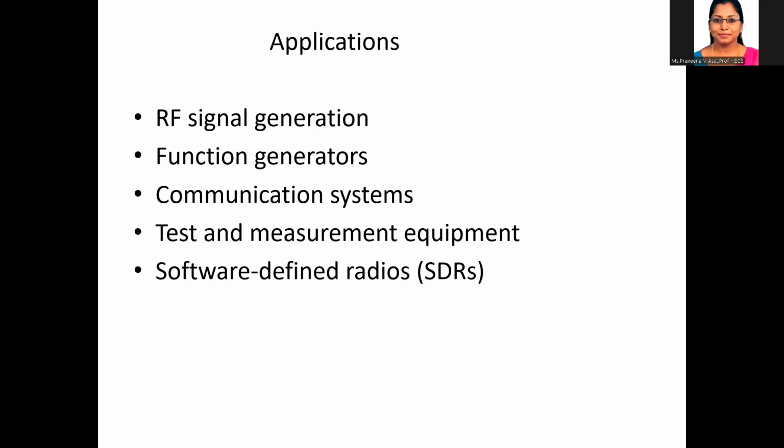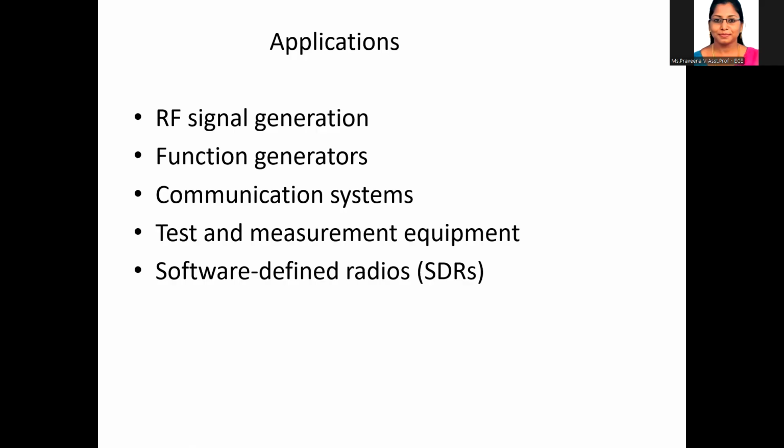Function generators, communication systems, test and measurement equipment, and software defined radios, mainly used for flexible digital processing. Direct digital synthesizers are widely used in modern electronic systems because they generate highly accurate and programmable frequency.